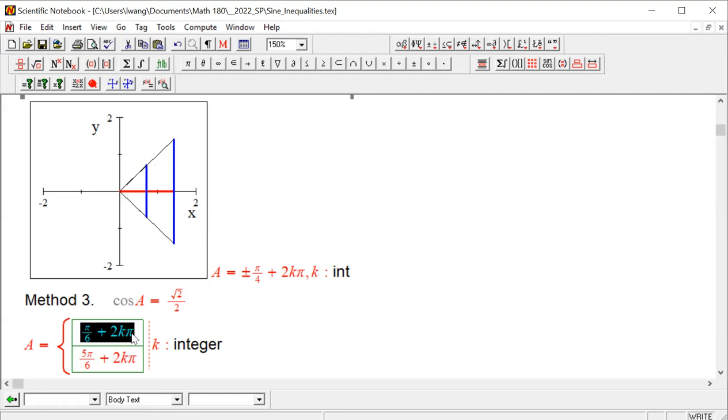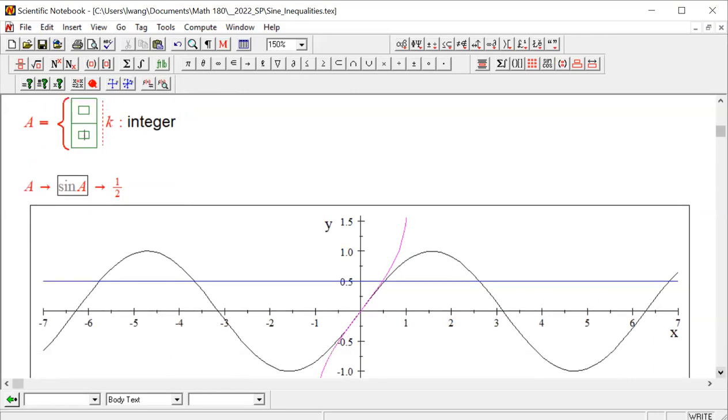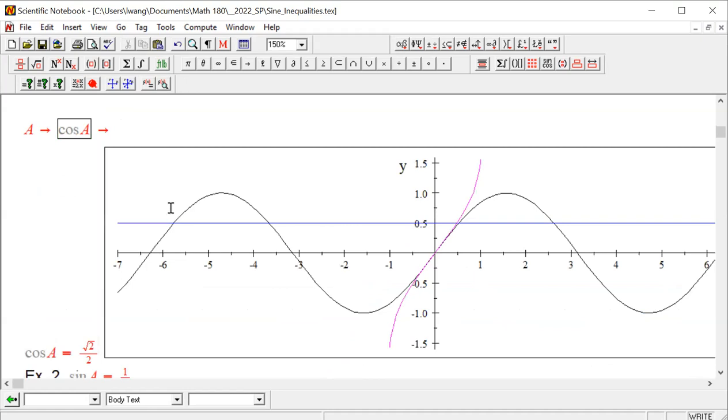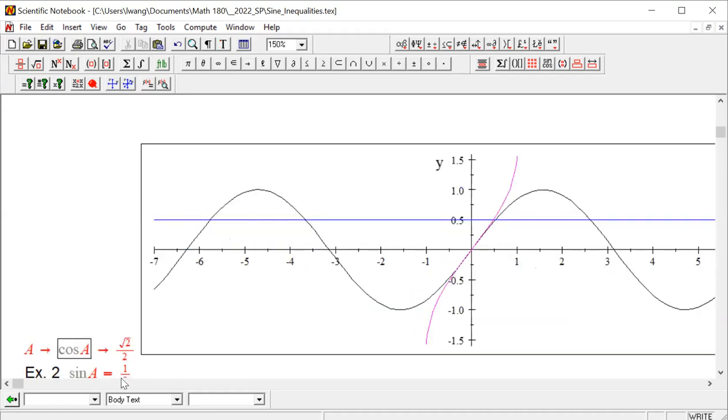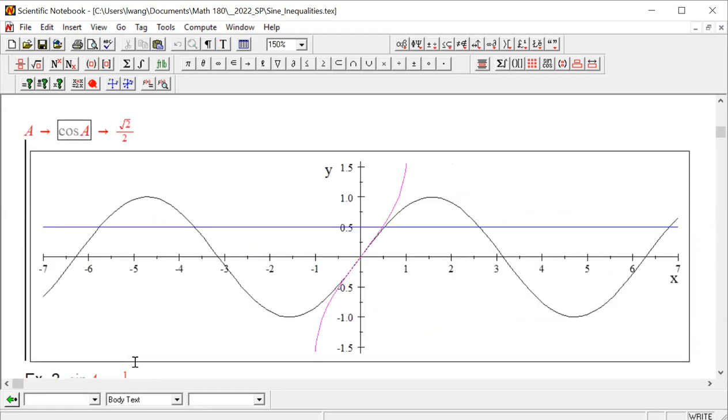This was for sine, right? And let's look at the cosine curve. The rules are different. This is a cosine, and the output is root 2 over 2.